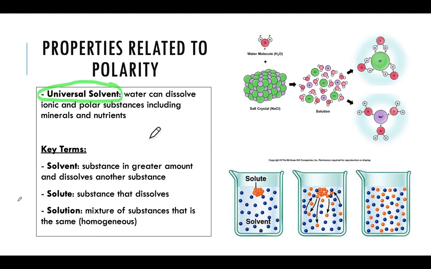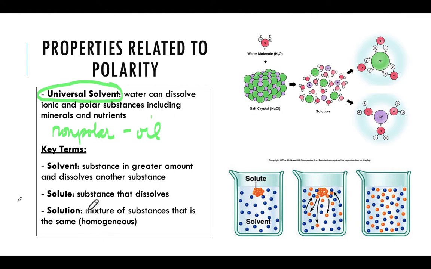So anything that is ionic or polar is going to be able to be dissolved in water given enough time. Non-polar substances will not dissolve in water. So things like oil will not dissolve in water. They actually repel each other. The chemical properties of hydrophilic and hydrophobic interact and don't allow water to dissolve the oil.